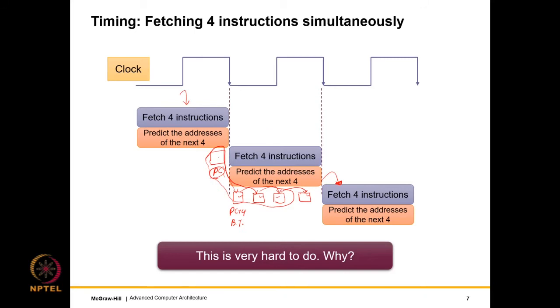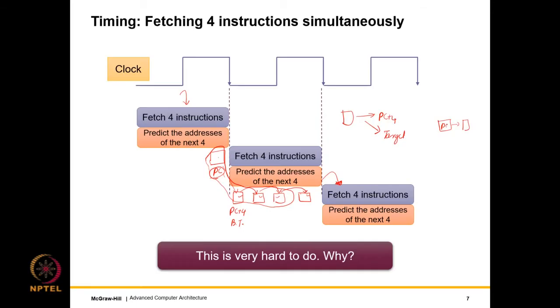So as you can see, fetching one instruction at a time or fetching 4 at a time is conceptually similar. The only difference is that if you are fetching 1 at a time, then it is easy because you have 2 possible outcomes, right? It is either PC plus 4 or the target. But if you are, let's say, predicting 2 instructions at a time, then there are numerous options.